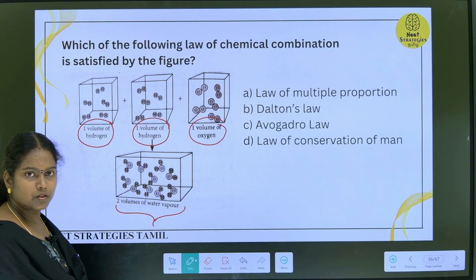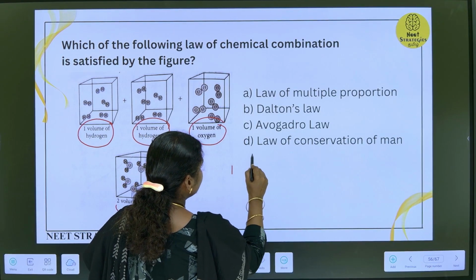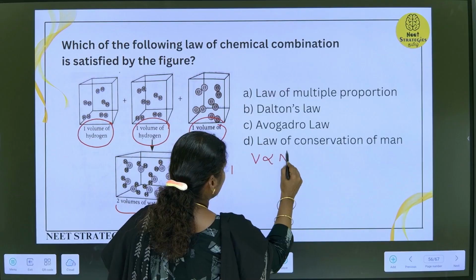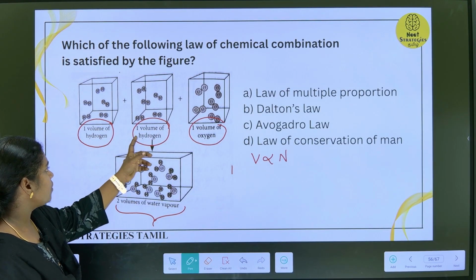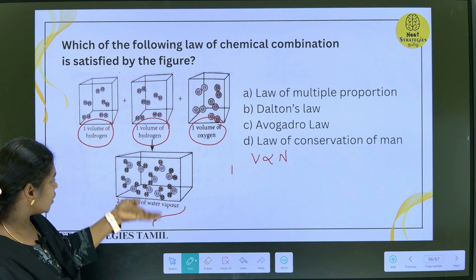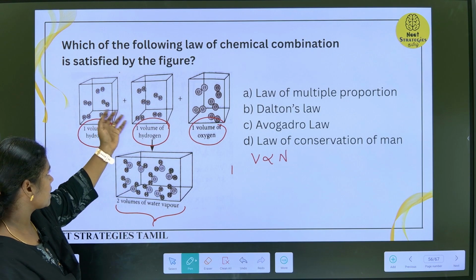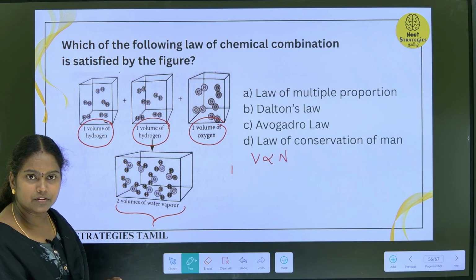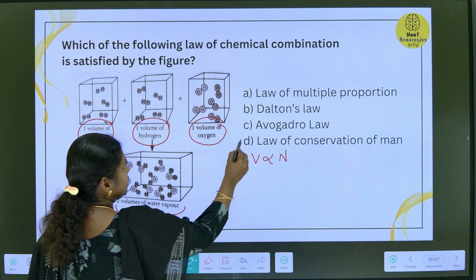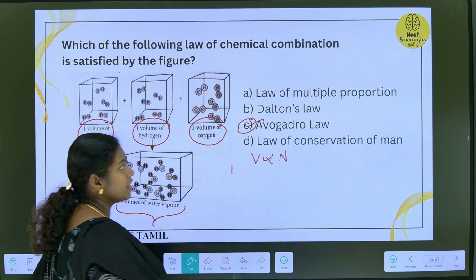We just saw that volume is directly proportional to number of molecules. So if I raise the volume, the number of molecules also increases; as volume increases, the number of molecules keeps increasing. So that it belongs to the Avogadro law.